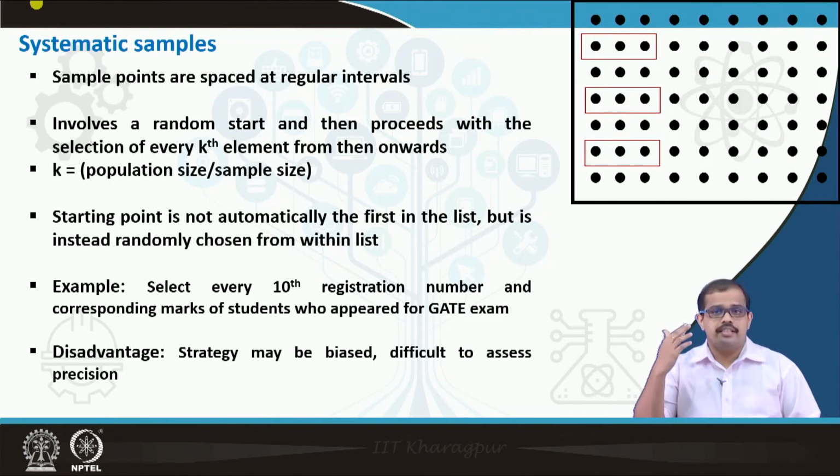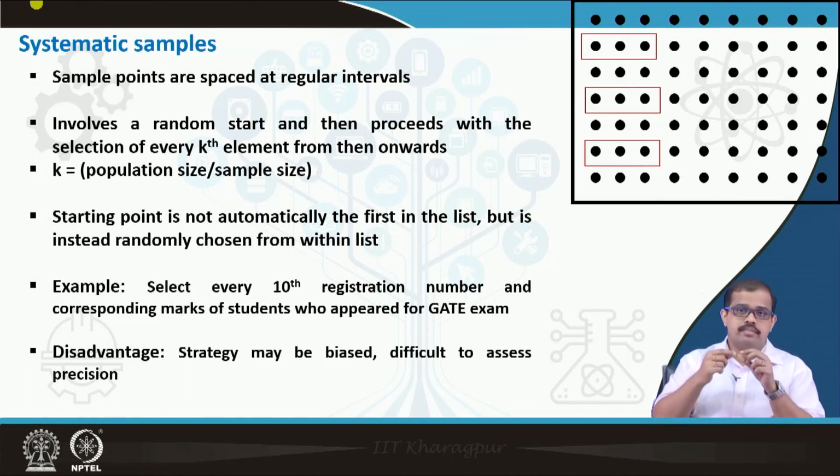Then the other way is systematic sampling. When you look at this, the sample points are at regular intervals. This involves a random start and then proceeds with the selection of every kth element. So every kth element, from the random start you decide, may be the third element, fifth element, or 10th element.